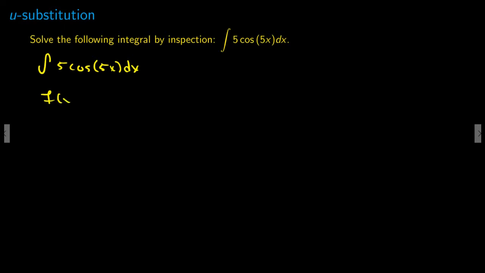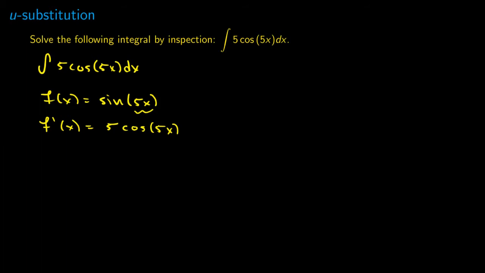And we might guess, if we let f of x be equal to sine of 5x, then we could calculate its derivative. f prime of x would be cosine 5x, and then using the chain rule, we multiply by the derivative of the inner function, which would just give 5.